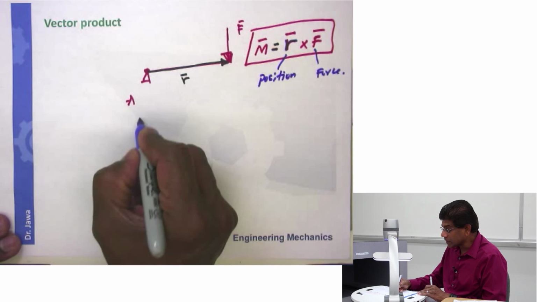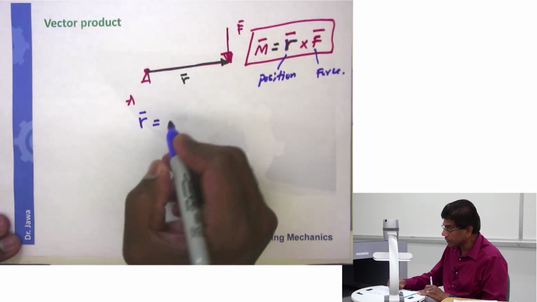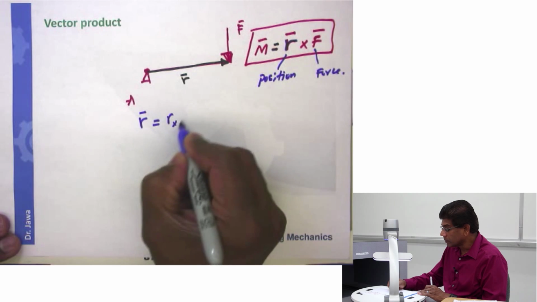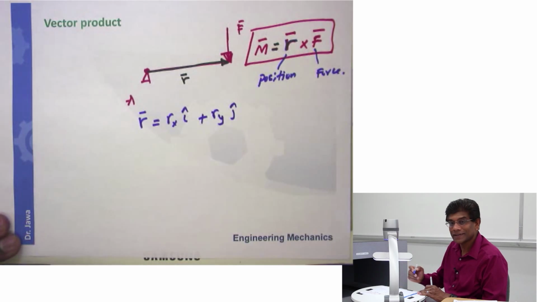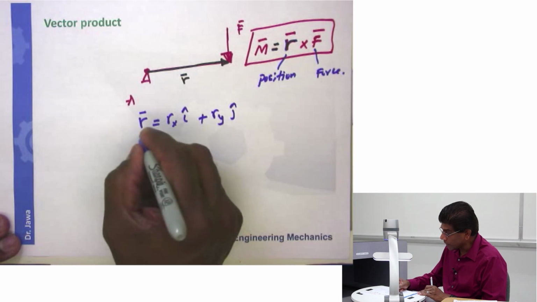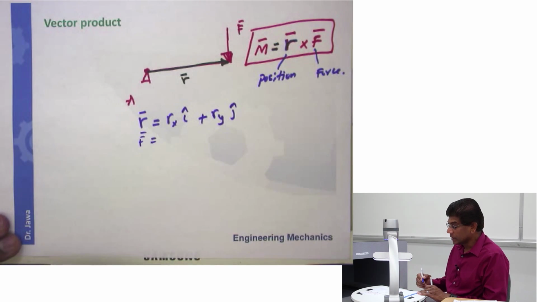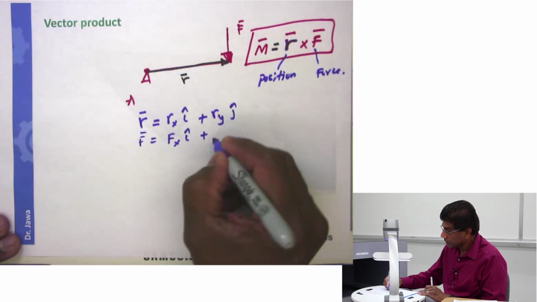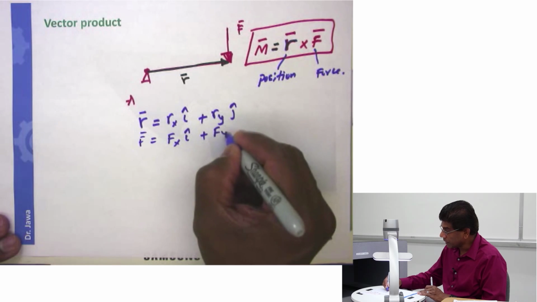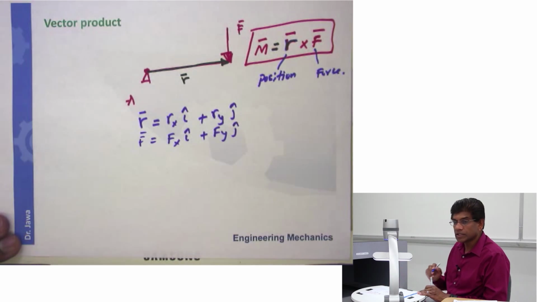But you also realize a position vector R can be written in its component form like this, right? Similarly, force vector can also be written in its component form using Cartesian vector format. And I'm right now doing this in 2D.